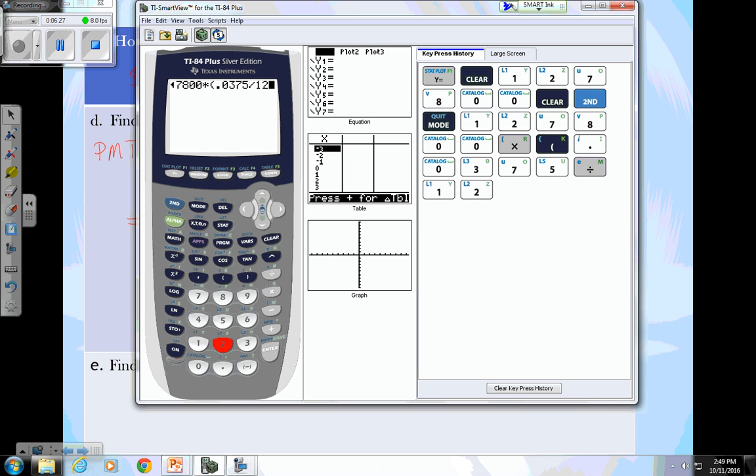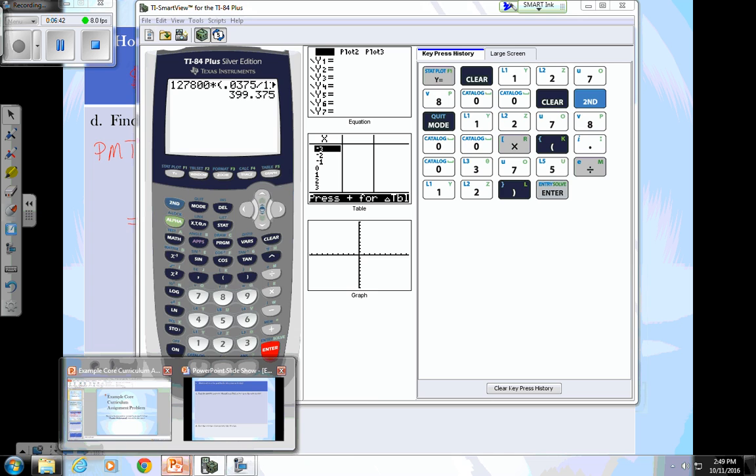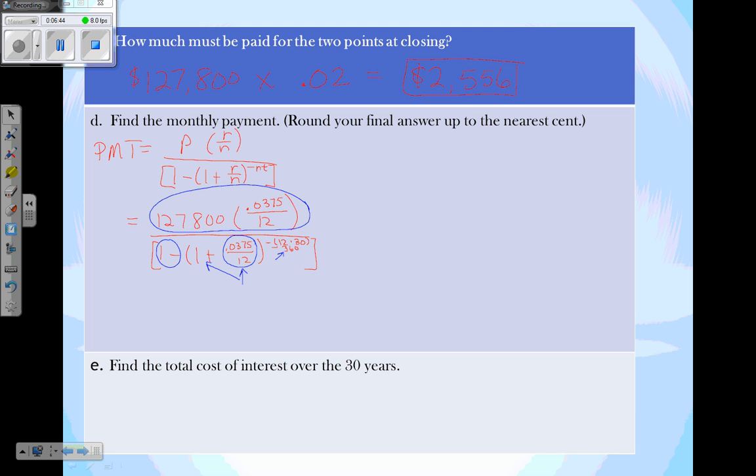So notice I put the 0.0375 divided by 12 in parentheses. I need to close my parentheses and hit enter. Okay, that gave me 399.375, and that's what I'm going to put into the numerator. So 399.375 is the numerator for this fraction.